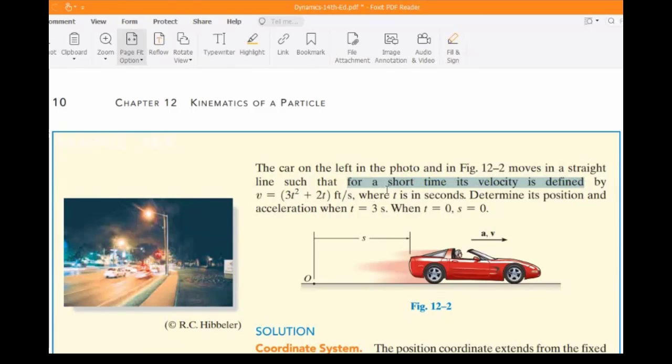For a long time it doesn't work; it will be very different. For a short time, it follows this rule. So we are integrating or differentiating, with limits tending to 0. These are the indications. Do you understand?